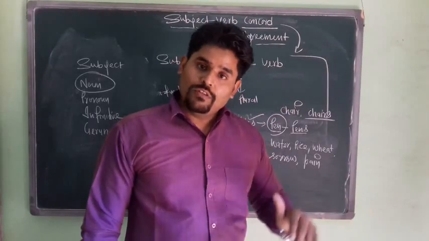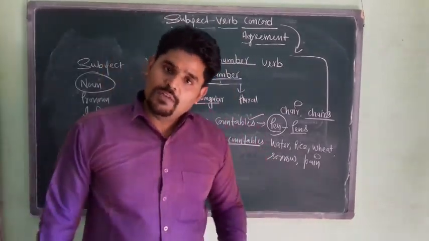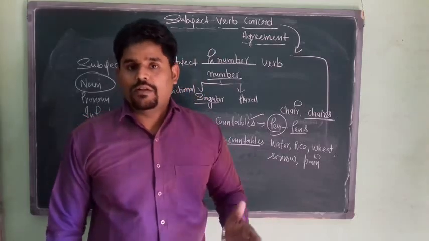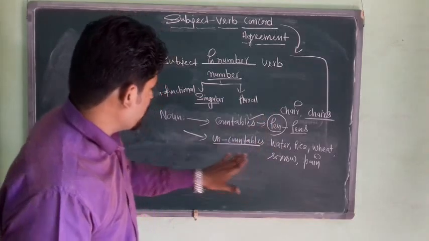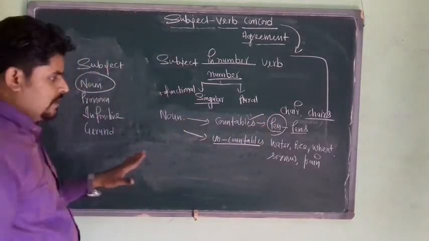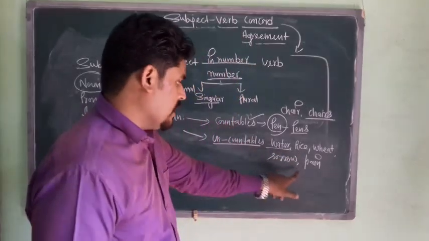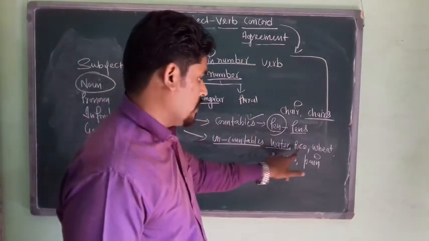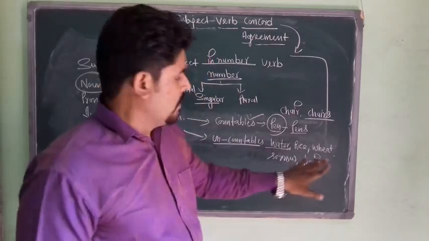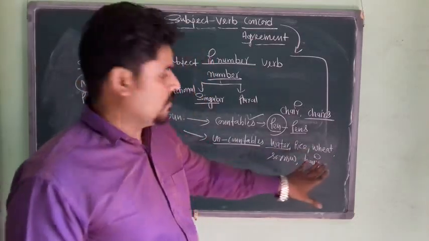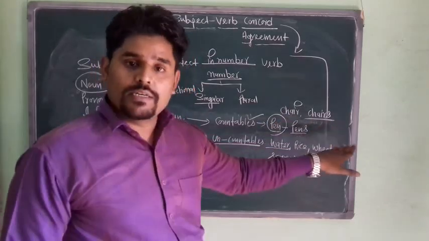Countable nouns can be used in singular as well as plural number, but uncountable nouns are always used in singular number. This is the only thing that I want to tell you about nouns here. So we can never use a plural verb with these nouns. We can never say waters or rices or wheats or sorrows or pains. We cannot frame plurals of these nouns, but we can use pen is, pens are, chair is, chairs are.